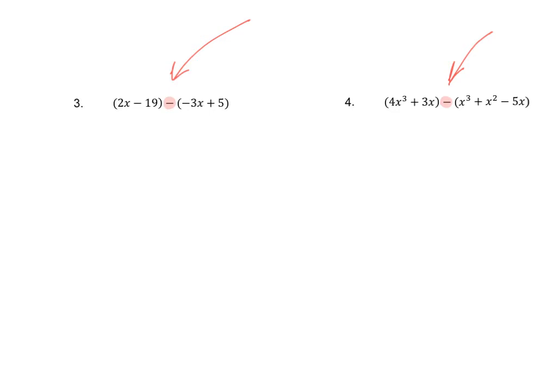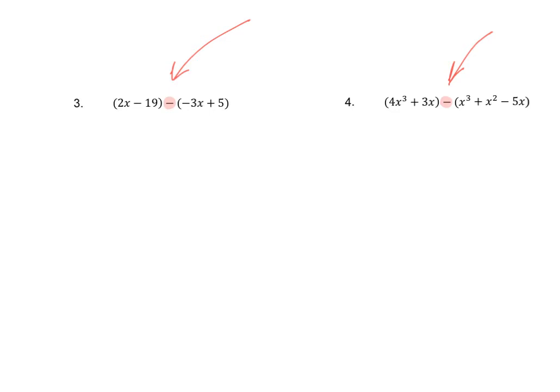So I have to remember to give that negative to this negative 3x and to this positive 5 or whatever's in there. I don't want to have to remember to do that because ultimately when I have to remember things like that, there's more of a likelihood that I will forget. So what I do is a variation of that.